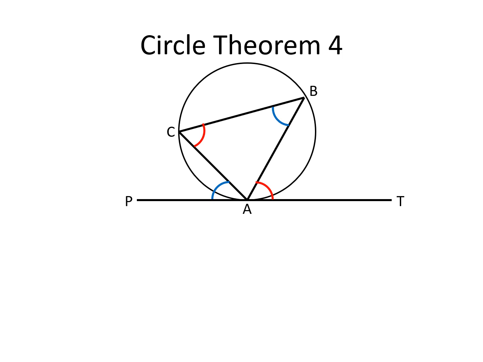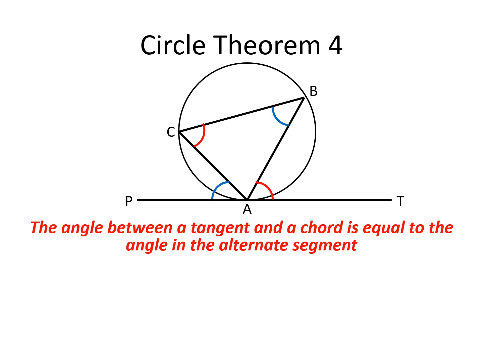Here is our favourite circle theorem. This is the alternate segment theorem. So even if you just state these words here, alternate segment theorem, they would give you the mark. And all that means is that this angle here is the same as this angle here. So the angle between the chord and the tangent is the same as the one that is in the opposite segment, so the one that is not attached to that chord.